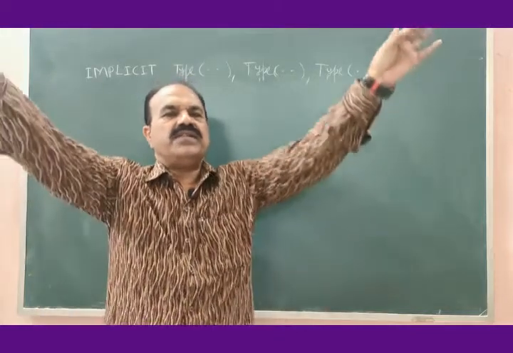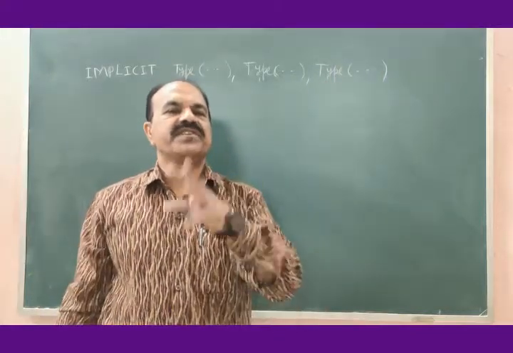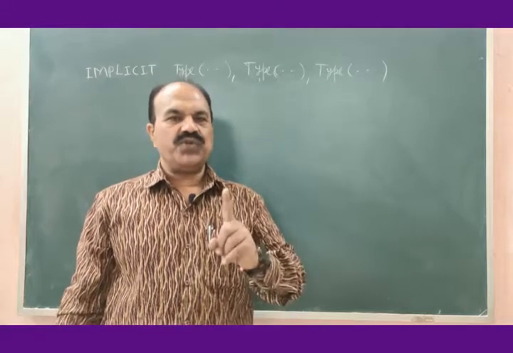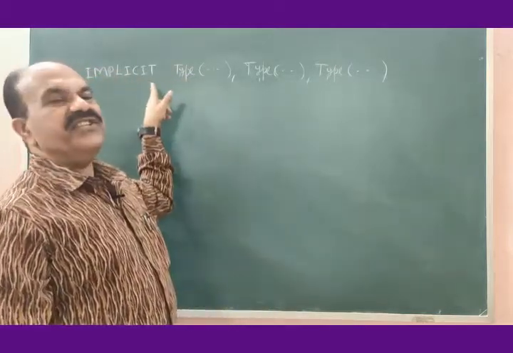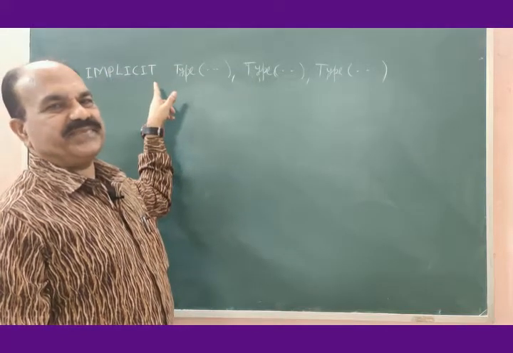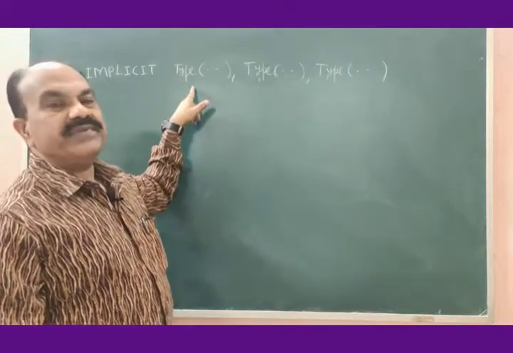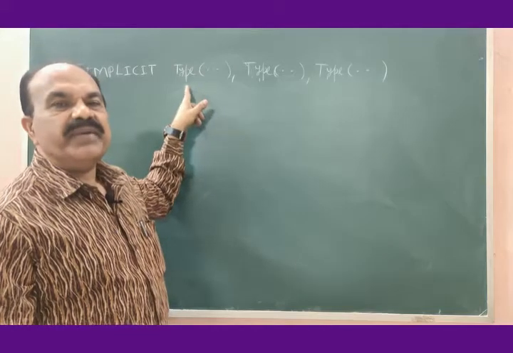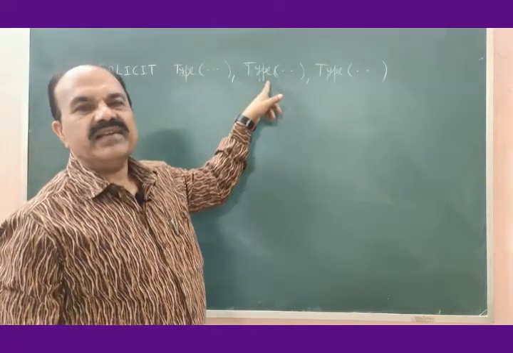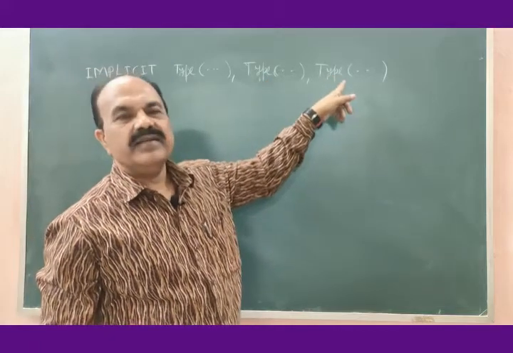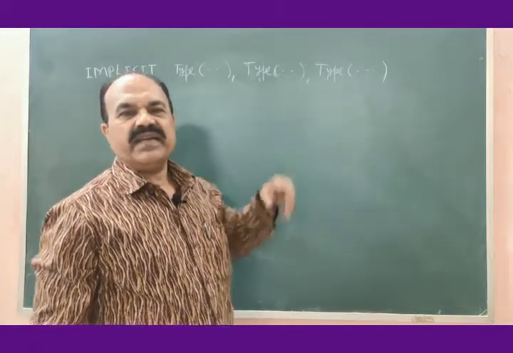Let us suppose that you don't want to use three different statements. You want to use a single statement. The way is here: implicit, type, maybe integer, maybe real, maybe character.